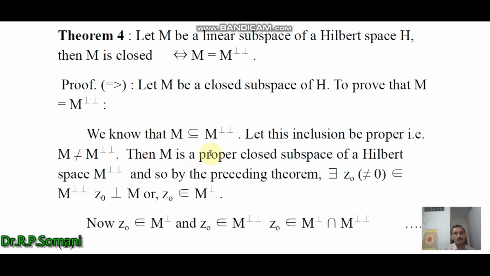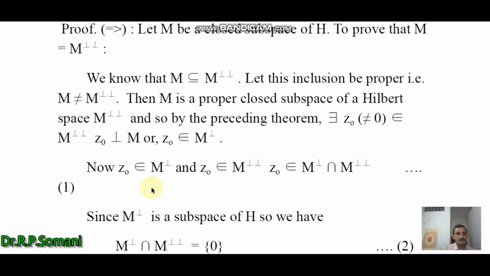Then M is a proper closed subspace of the Hilbert space M double orthogonal, and so by the preceding theorem there exists a non-zero vector z0 belonging to M double orthogonal such that z0 is orthogonal to M, or z0 belongs to M orthogonal.